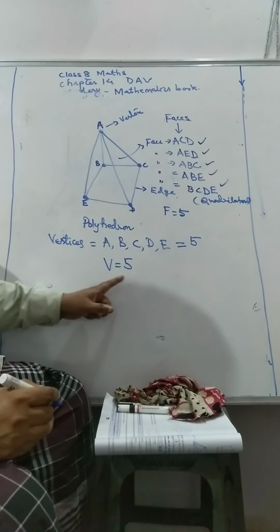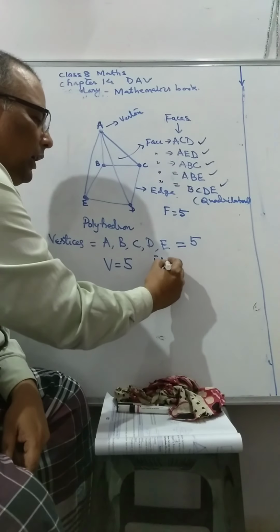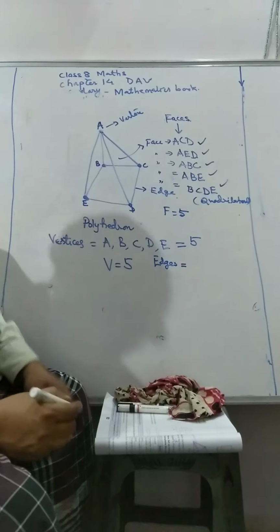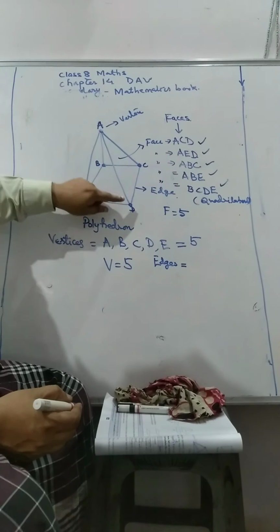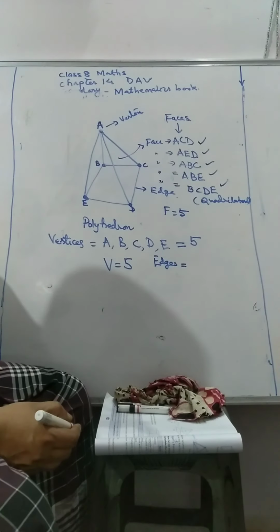Number of vertices 5. Now we will find the edges. How many edges are in this polyhedron? Edges mean the line segments joining 2 vertices.